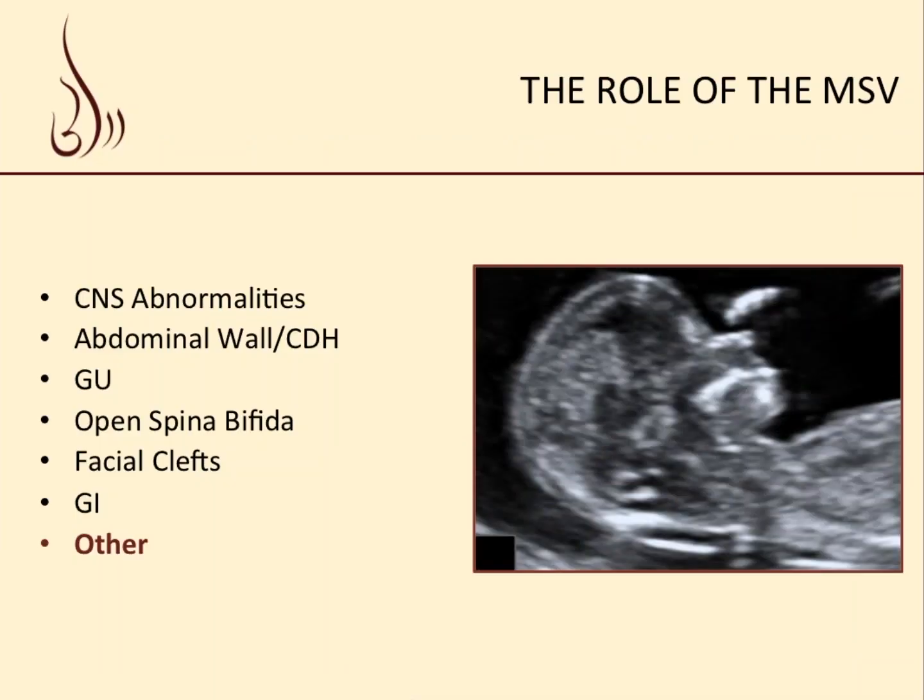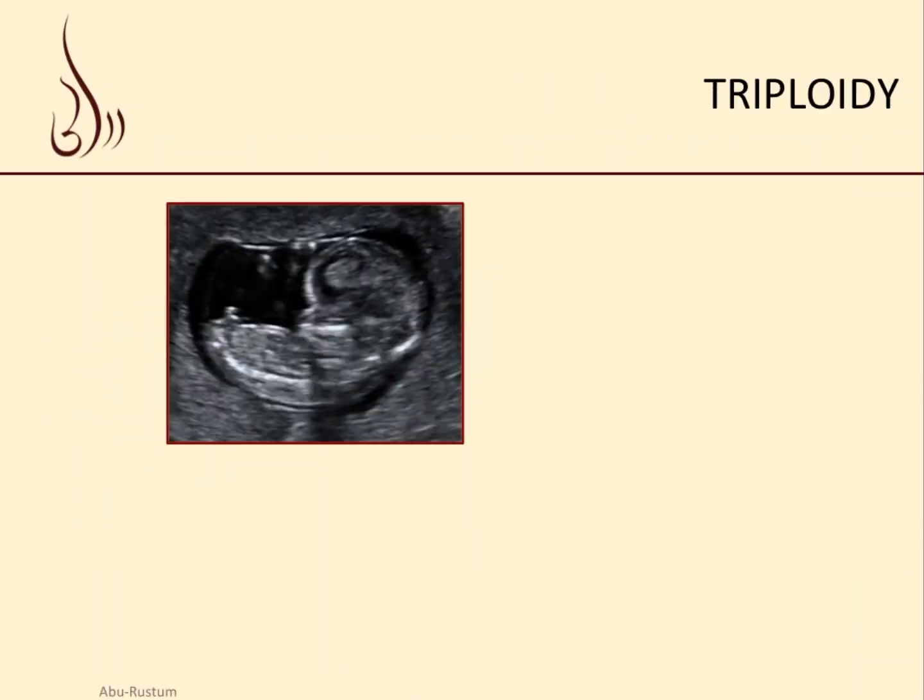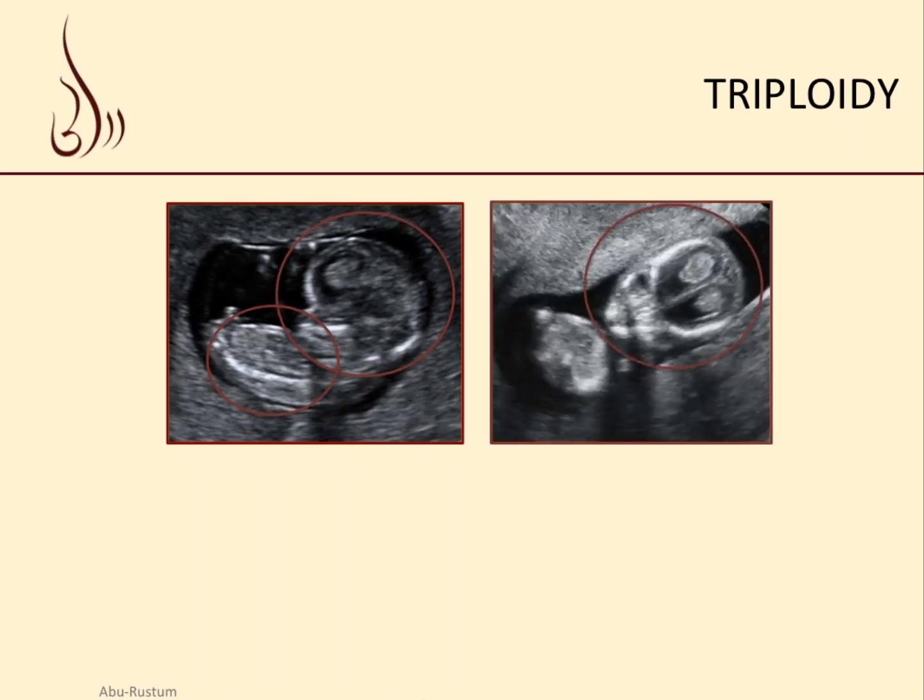And finally, I put under other triploidy, because just by trying to obtain a mid-sagittal view, even in this fetus with a very flexed neck, and this fetus remained in this position, you can see a clear discrepancy between the volume of the fetal head and the rest of the fetal body. And you can see here the head and the thorax.